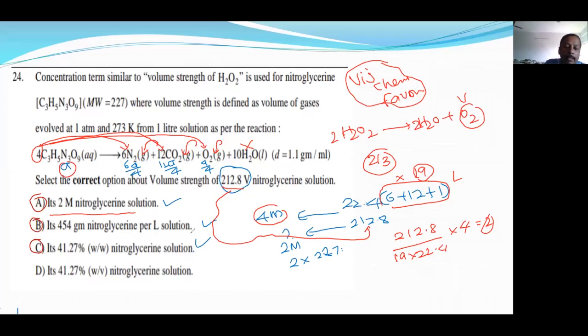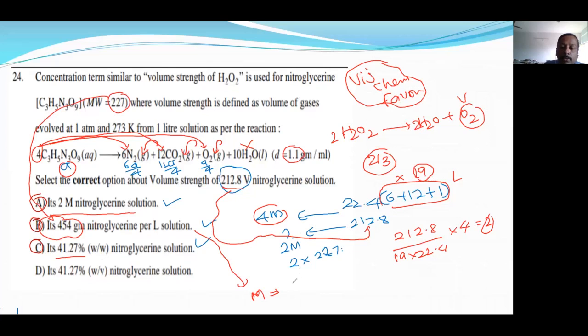And there is a shortcut I told you, converting molarity into mass. Okay. So if you convert, then you will get 454. Otherwise, simply here, 227 into 2 gives 454. And it is the mass percentage. And for the mass percentage, you have the shortcut. What is the shortcut?